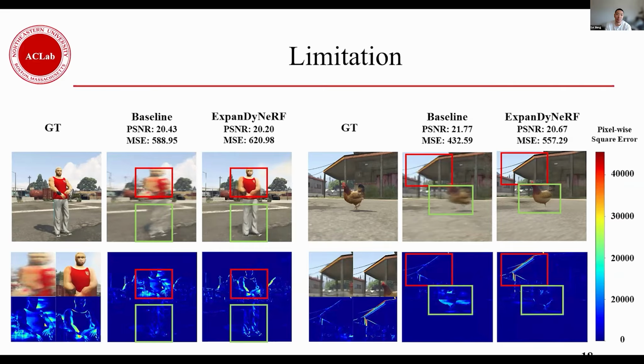So if the difference between two consecutive frames is too large, it's really hard to build temporal consistency when we try to render the two consecutive frames.